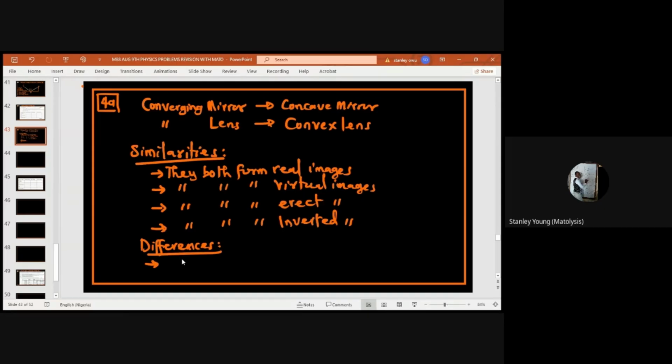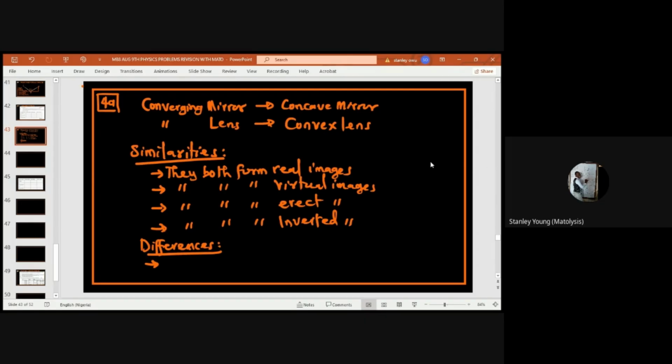Okay. We can talk about their focal length. Before that, let's talk about the positioning of the object relative to the image, or the positioning of the image relative to the object.